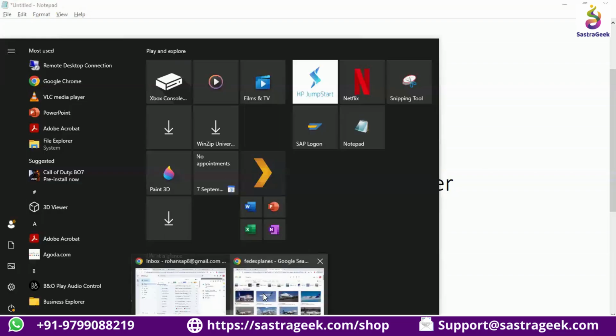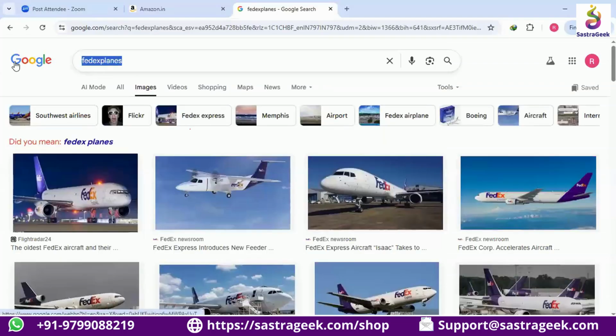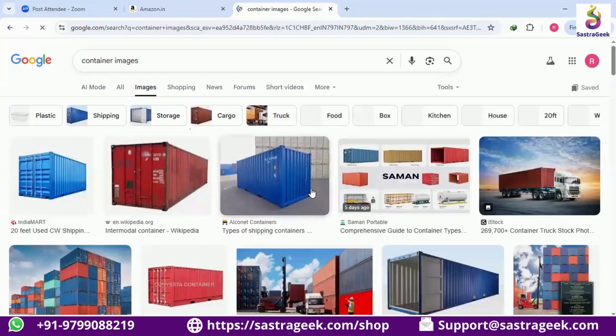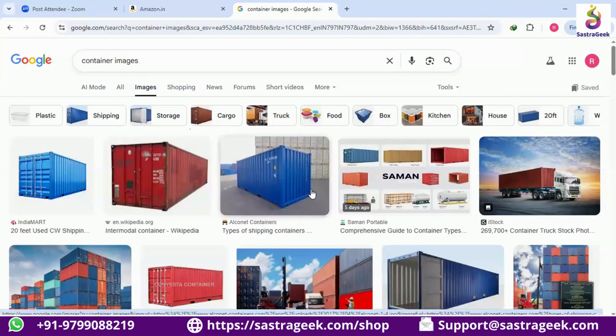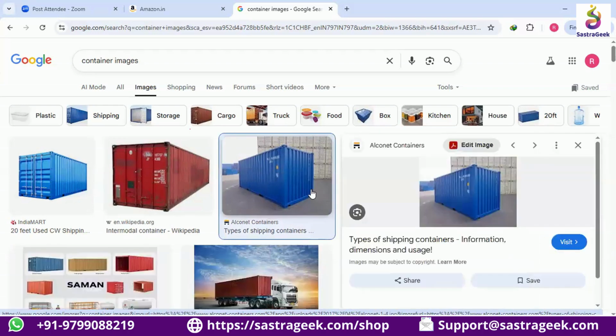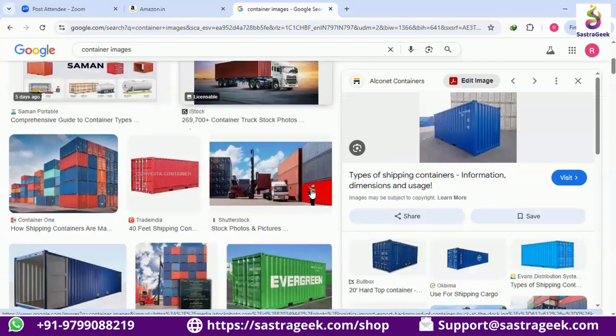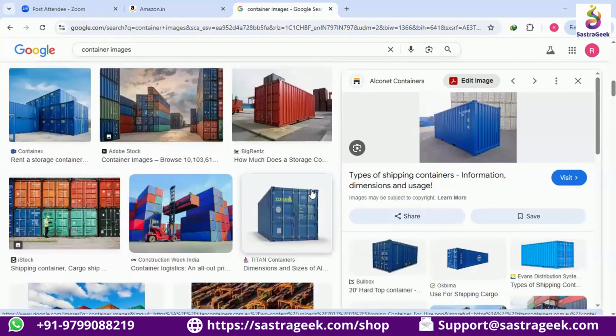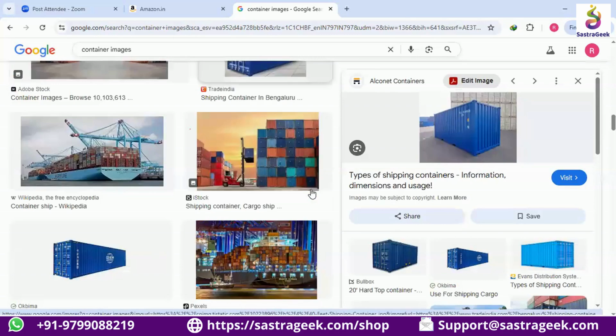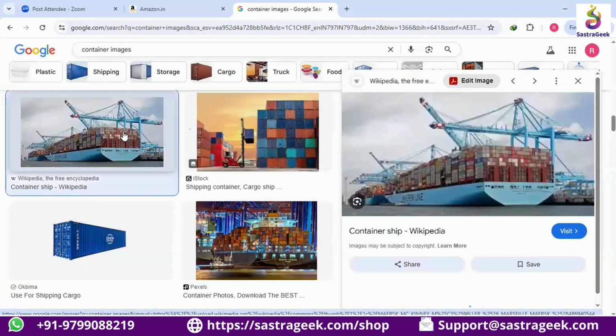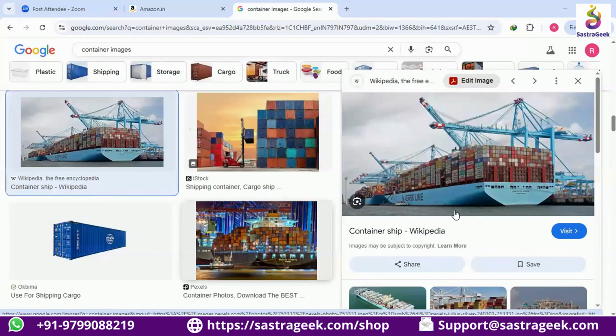When I say container, I'm particularly talking about containers like these which are used in the shipping context. You might see these shipping containers moving across your roads and railways, but ultimately they are used for ocean transportation. These shipping containers are loaded onto shipping vessels like this. This is not a ship, this is a shipping vessel.